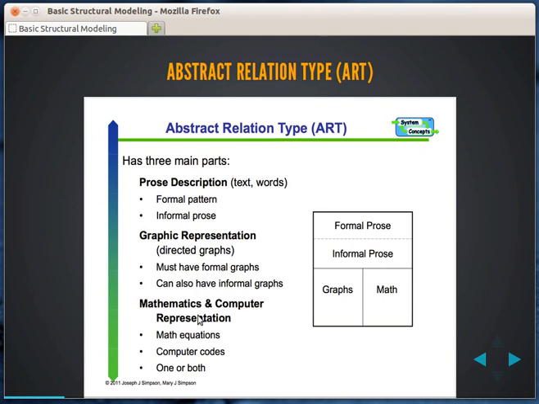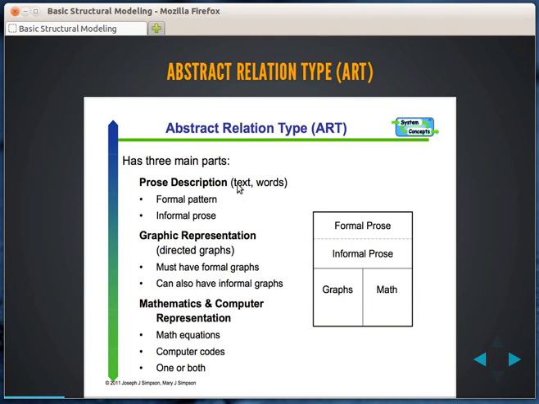These are proposed as model exchange isomorphisms, meaning that you can take a problem or a system that's described in prose and translate that to a graphic representation without loss of information. Or if you have a graphic representation of the system, the model exchange isomorphism allows you to change that to a mathematics representation without loss of information, and you know that you're representing the same system.